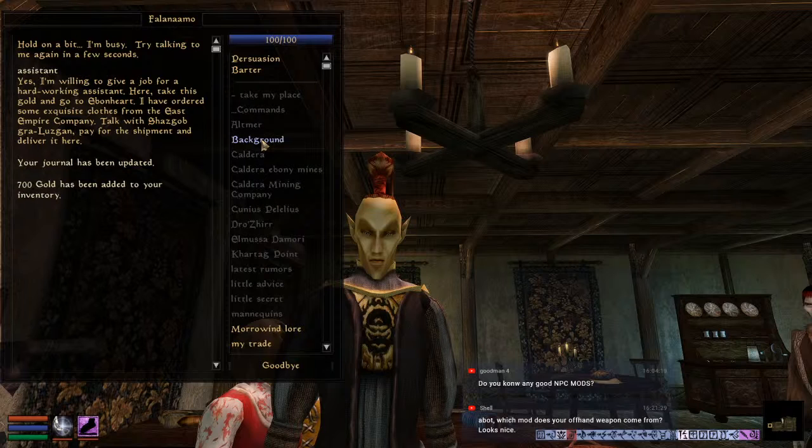My first task is to pick up a shipment of exquisite clothes from the East Empire Company at Ebonheart. The East Empire Company trader, Shazgob Graluzgan, should be able to assist me there. So we have a new quest. We must go back to Ebonheart and get some clothes for him.